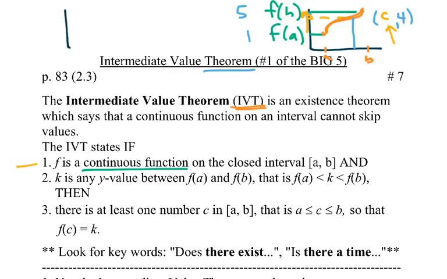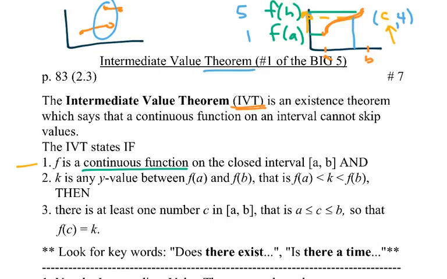If we had some function over here where we start at A and B, and we do something like this, where we jump up here, this would be a discontinuity, right? And so we have that definition of what continuity means, and from that definition of continuity, we can define this intermediate value theorem. That's why we're doing IVT after we talked about continuity. So the first condition in this IVT thing is f has to be a continuous function.